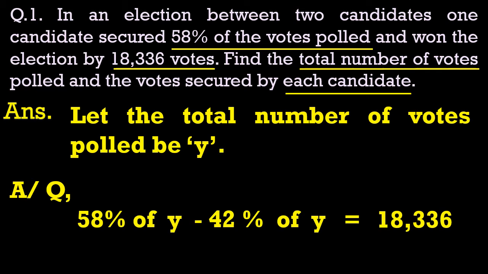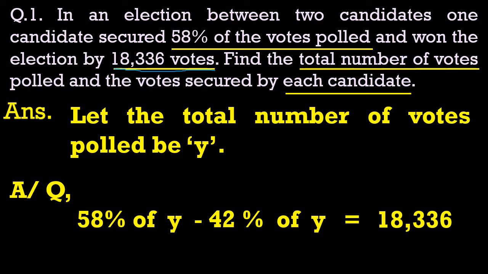So if we subtract, we will get the difference, because the winner won the election by 18,336 votes. That means 58% of Y minus 42% of Y is equal to 18,336. This value came from here.